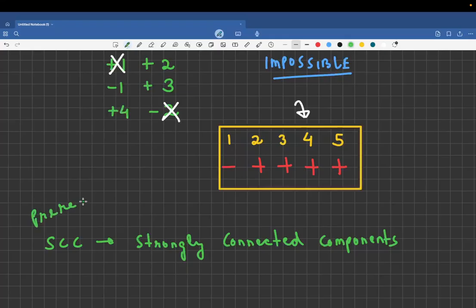You can refer to that video, and if you know it from before, no issues, you can just continue watching the solution. This is going to be the prerequisite for this particular video, because this problem itself involves a very important concept along with SCC, so I don't want you guys to focus on two important concepts at once. So SCC is going to be the prerequisite for this video. Okay, cool.